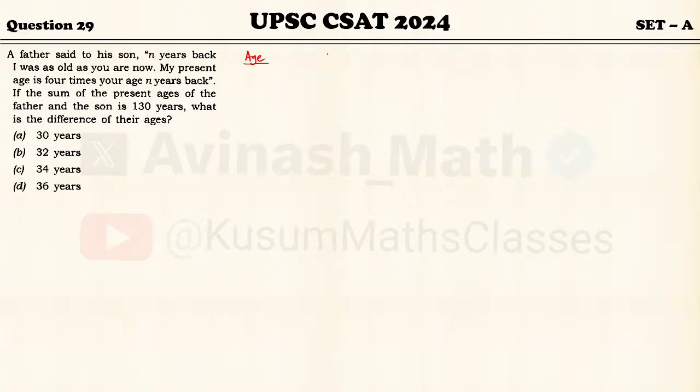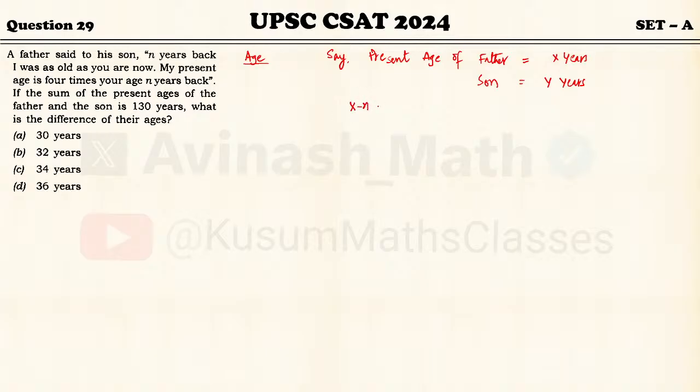So say the present age of the father is X years and the son is Y years. Now read the statement. N years back, I was as old as you are now. N years back, what was the father's age?